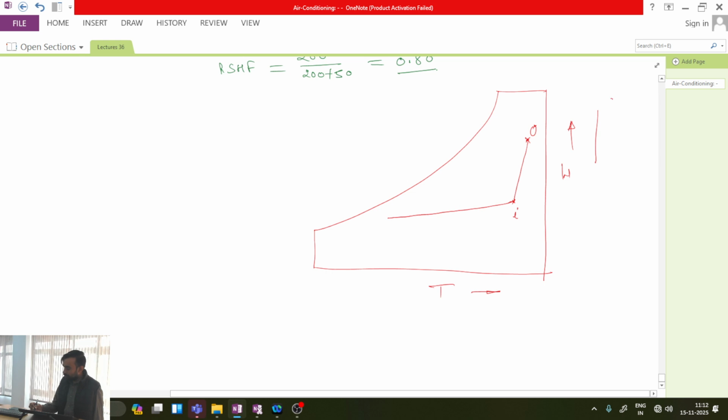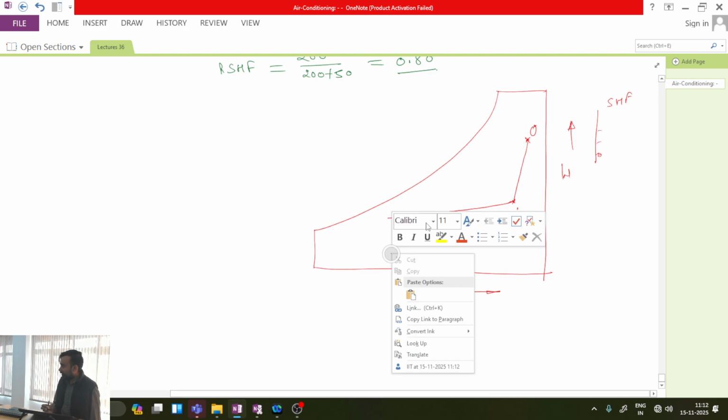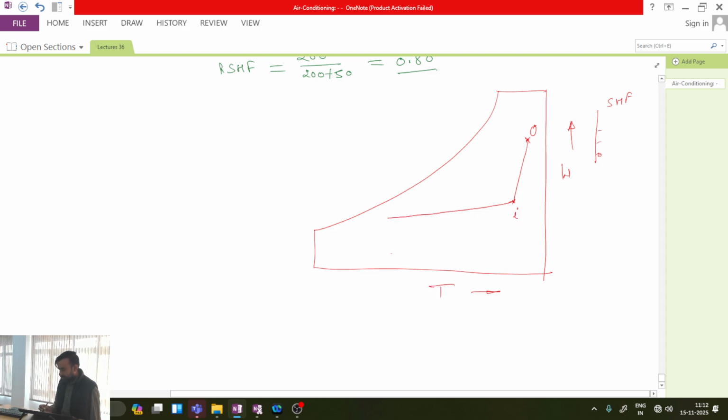So I can go to sensible heat factor scale, I can see the value corresponding to 0.8, and then I can go to alignment circle, and parallel to that I can draw a line over here. So this will be my RSHF line. Is this point clear? Anyone is having any doubt about this? Please tell me.